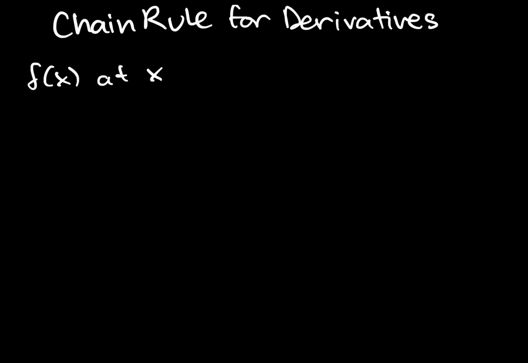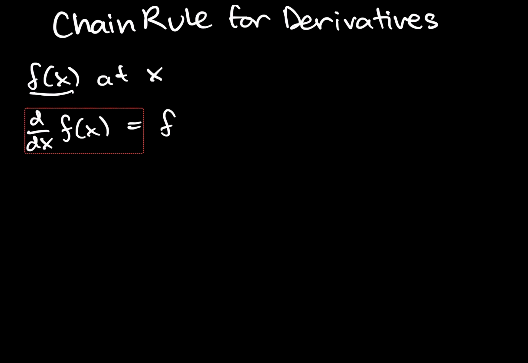Similarly, by taking the derivative of the given function, f of x, we can find the equation of the derivative. This process is called differentiation, where when we take d over dx of f of x, we will get the derivative, which is denoted as f prime of x.